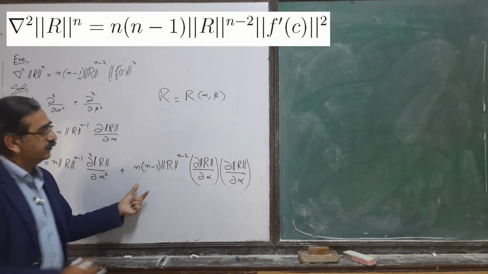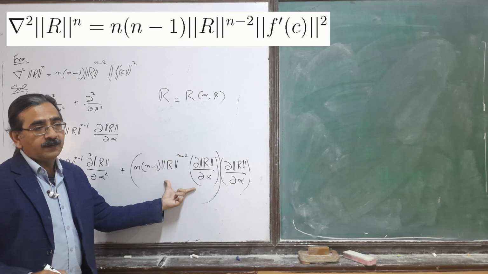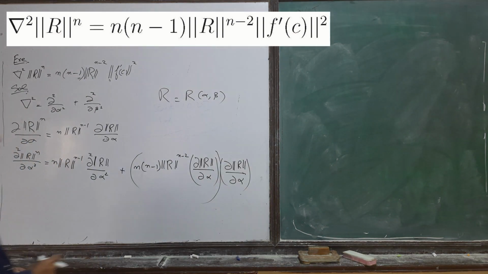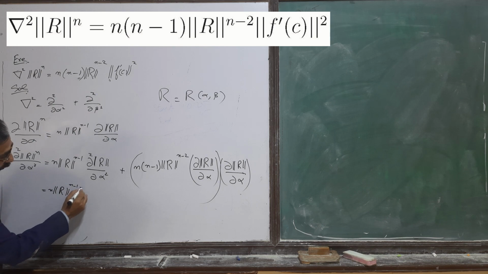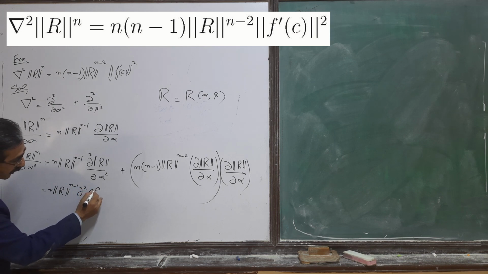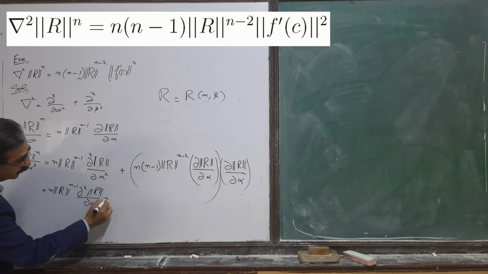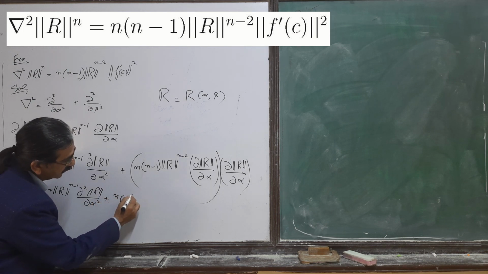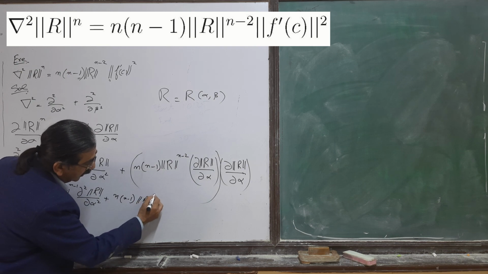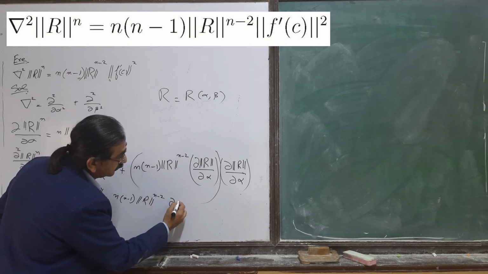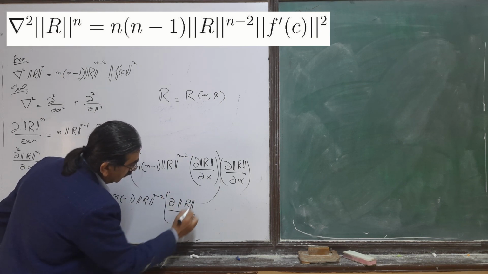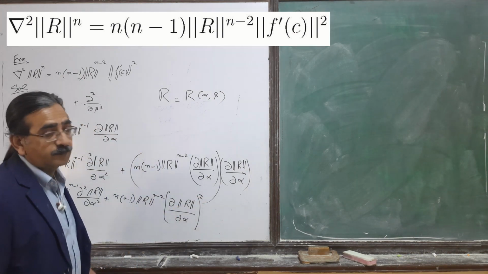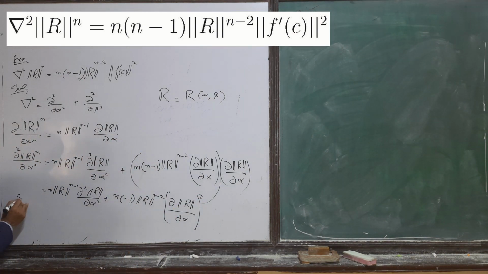Whenever we apply a derivative, this will be a derivative term. Similarly you may write r power n minus 1 partial square r over alpha square plus n into n minus 1 r power n minus 2, this will be whole square.